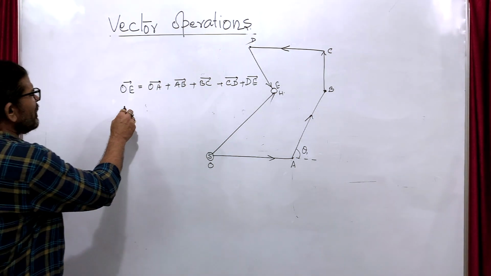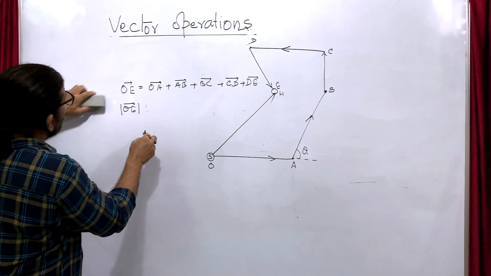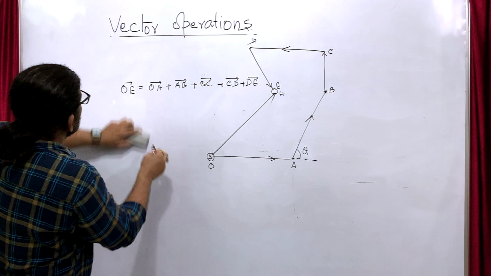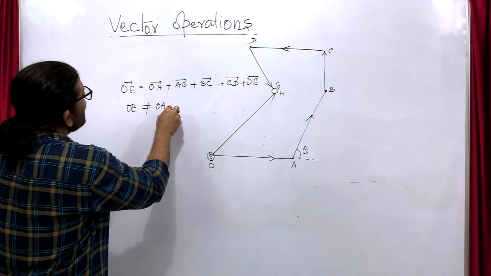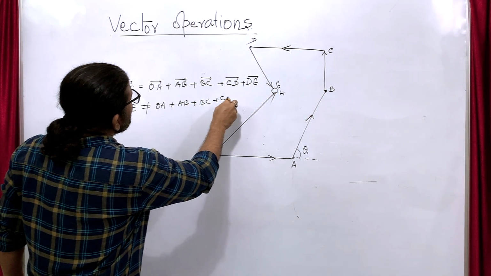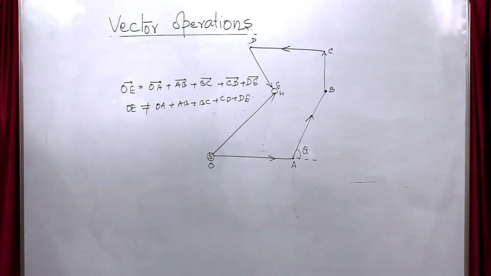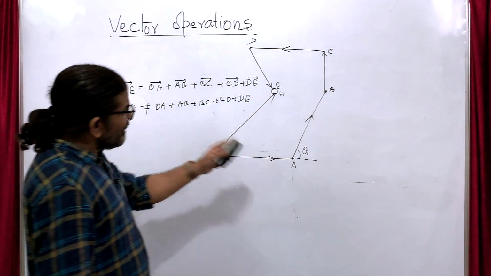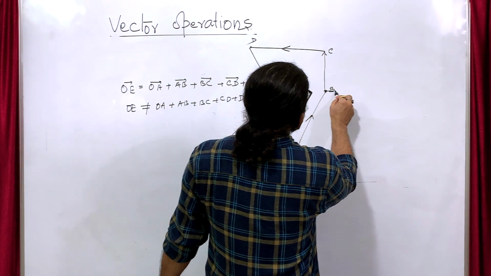Now, you know that the OE vector magnitude, OE, is not equal to OA plus AB plus BC plus CD plus DE. It is not there.